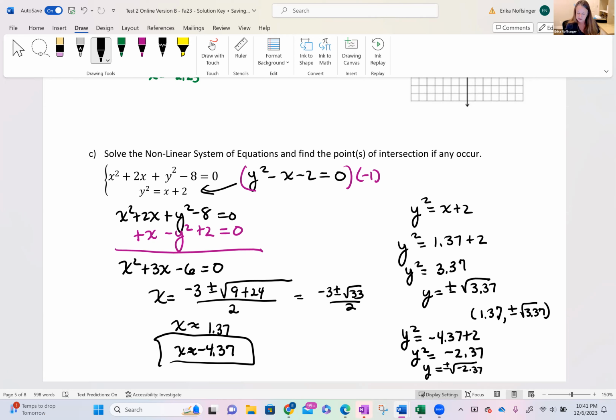So my solutions look like it's 1.37 plus or minus the square root of 3.37. Let me look at what that is, which is approximately 1.835.